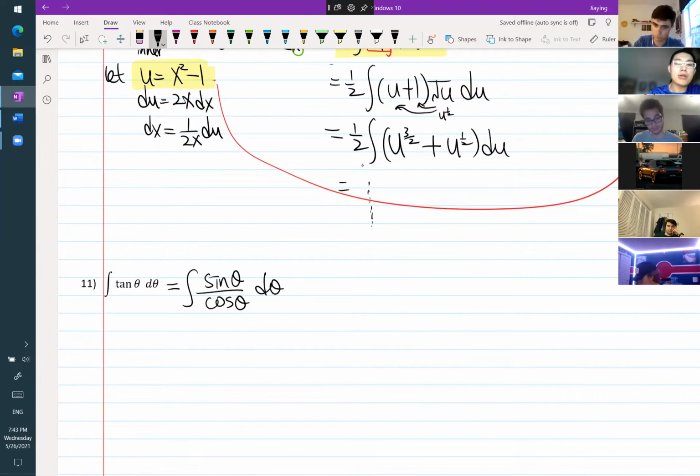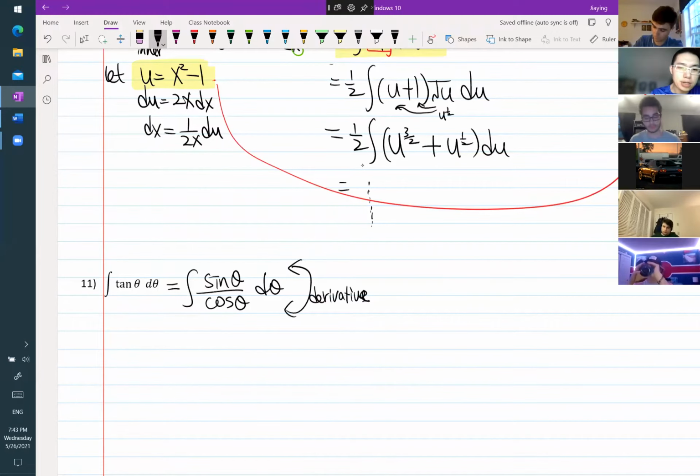If you let u equals cosine, the derivatives are sort of related to each other. That's a benefit.